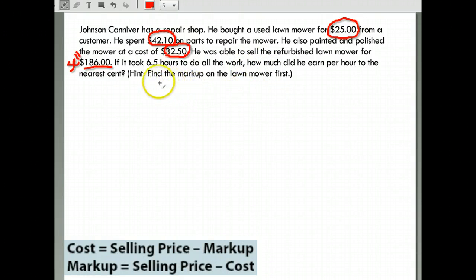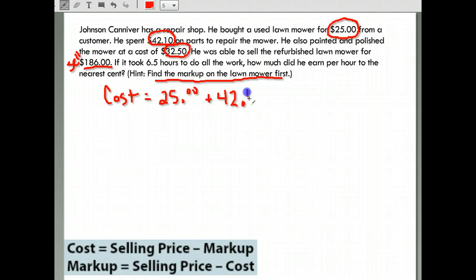Now, the first thing we're going to have to do is find the markup on the lawnmower. Okay, before we can do that, we need to find out what was his total cost, because he had several different costs here. He had the cost to buy the lawnmower. Then he had the cost to repair the lawnmower. And then he had the cost to repaint and make it look nice. So let's total his costs.